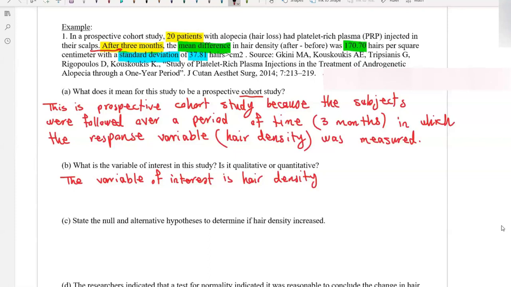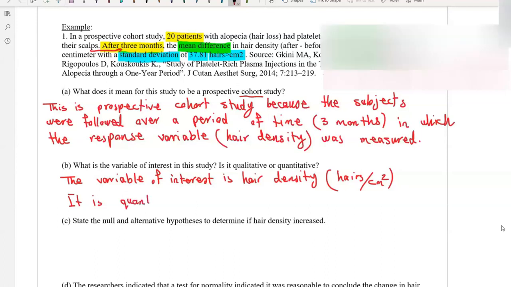It's measured in hairs per centimeter squared, so obviously we can measure this one. That's why this is quantitative.